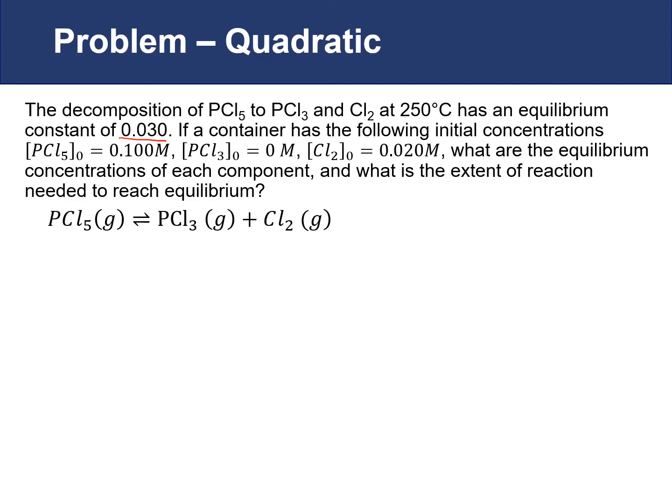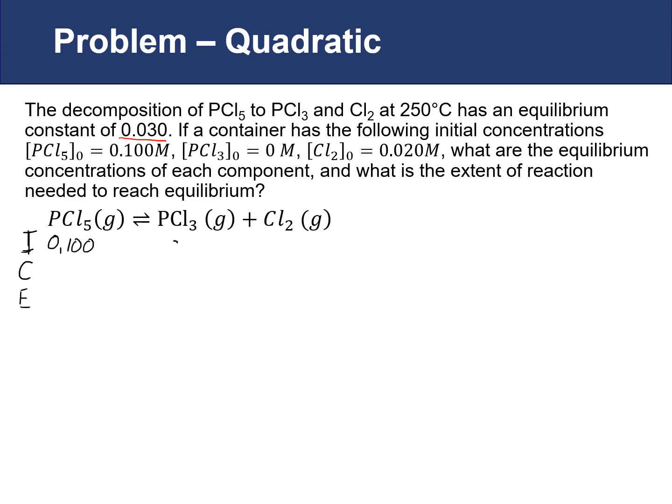What are the equilibrium concentrations for each component, and what is the extent of the reaction needed to reach equilibrium? So, first thing we would do is write out our chemical equation, giving us plenty of room. It is already written out, and so now what we can do is write down our ICE table. So we'll start with initial, change, equilibrium, ICE.